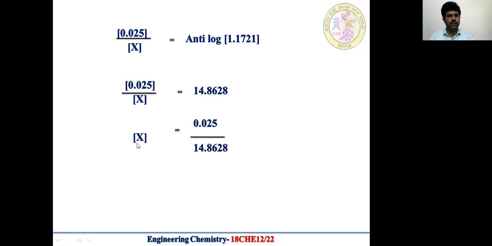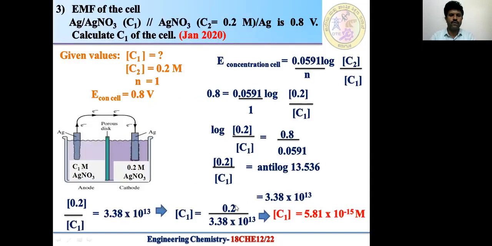So X is equal to 0.025 divided by 14.8628. Hence, the value of X is equal to 0.00168 molar. So this is the concentration of electrolyte at anode.